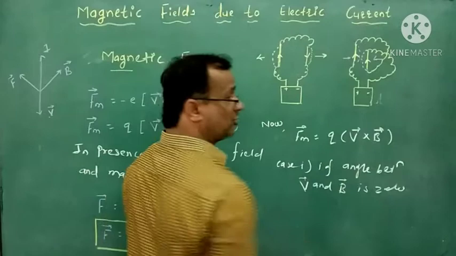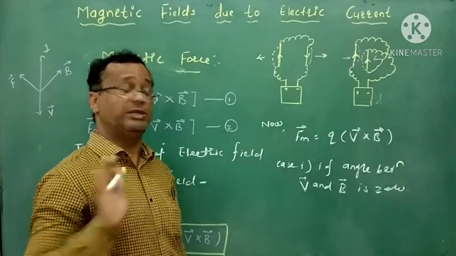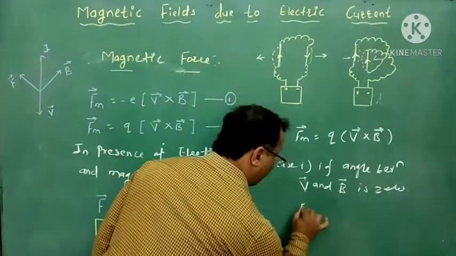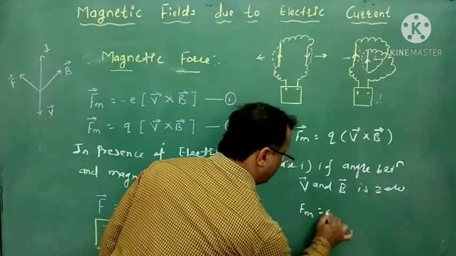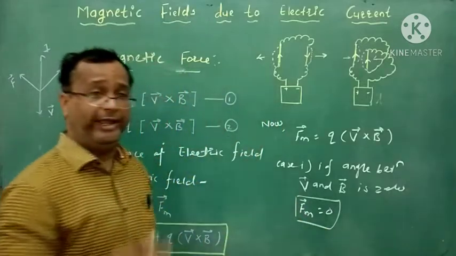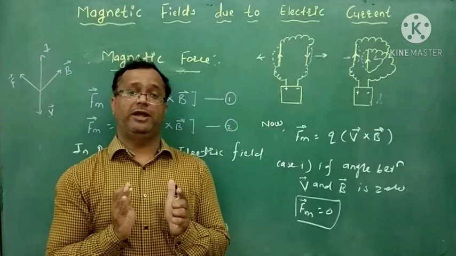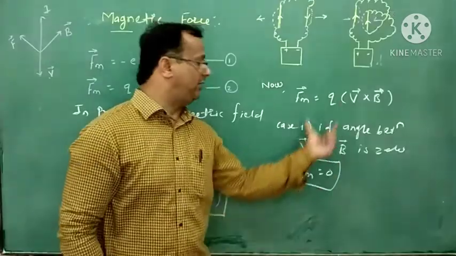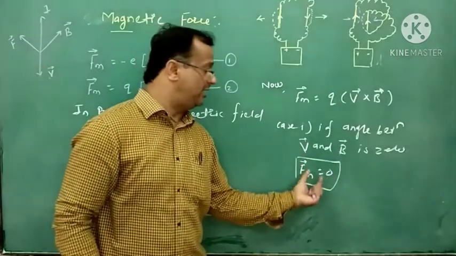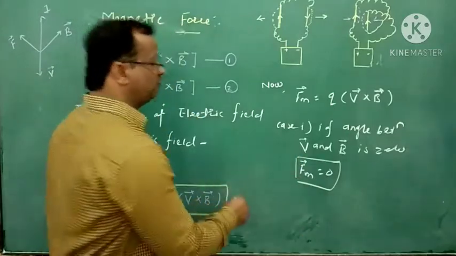Then here this is the cross product, then what you get there? Sine. Then sine 0 is 0. It means that the force acting on that charged particle is 0. If the direction of motion of a charged particle and the direction of magnetic field are the same, then the force acting on that charged particle is 0. So this is the first case.